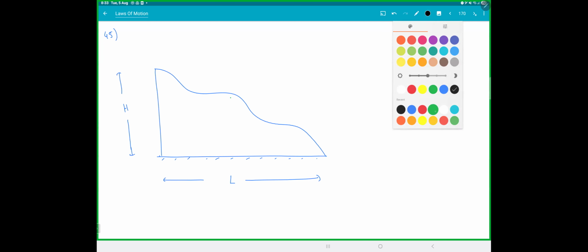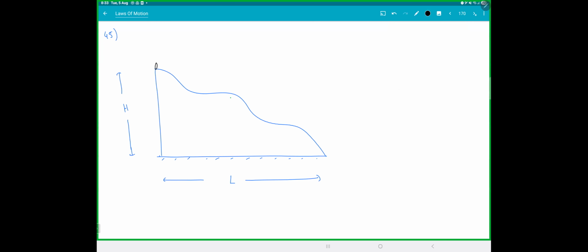On this weird incline, you kept a rope. So this is a rope of linear density lambda.